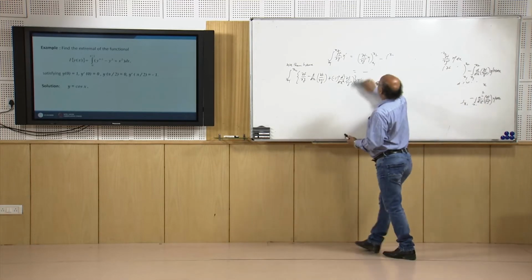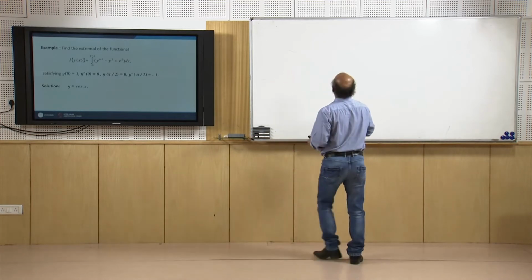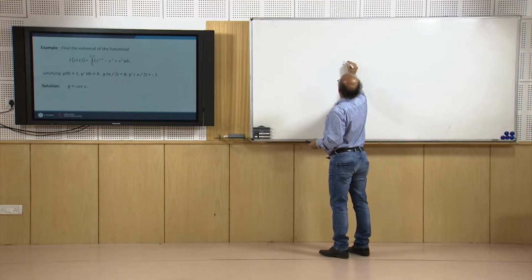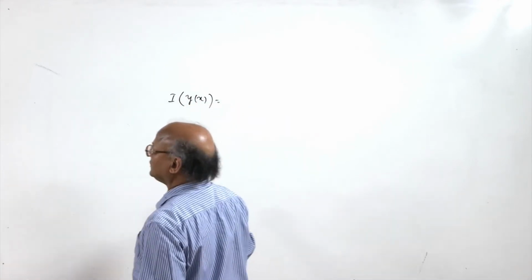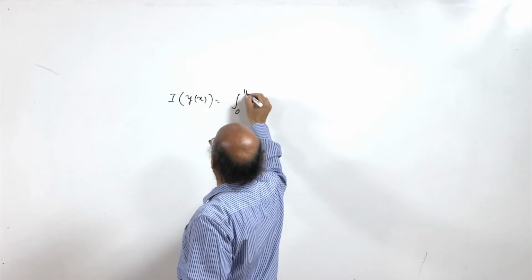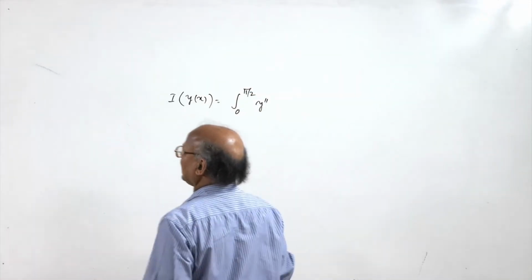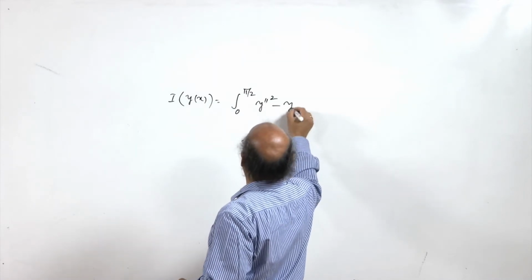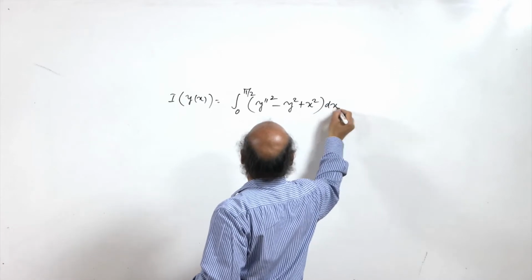Let us take an example on this. We have I of y equal to the integral from 0 to pi by 2 of (y double dash squared minus y squared plus x squared) dx.